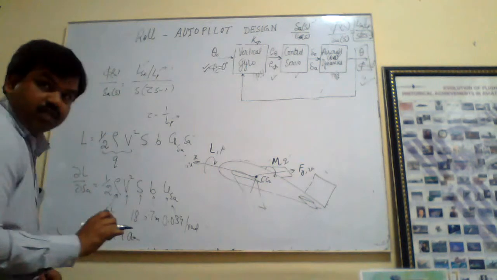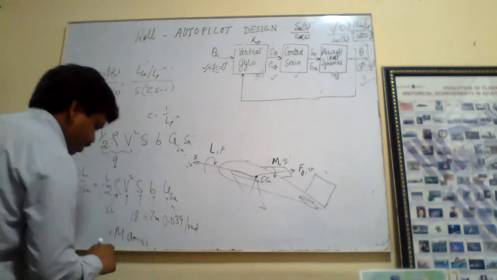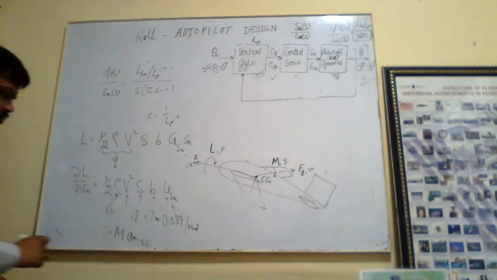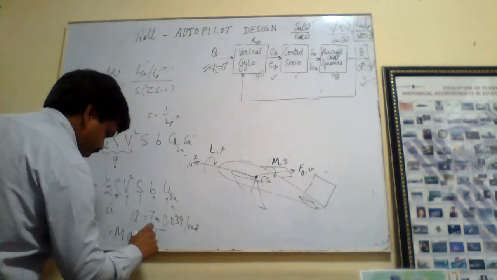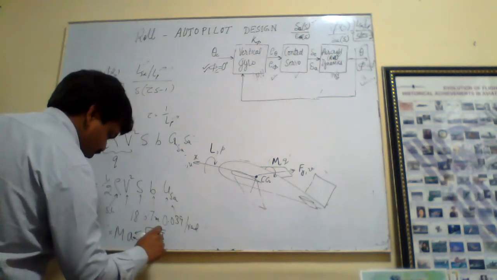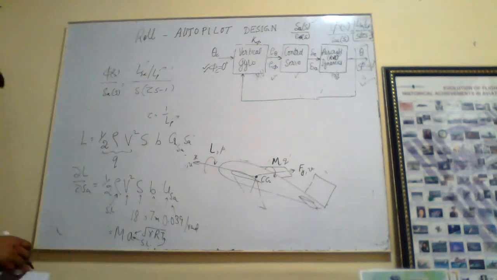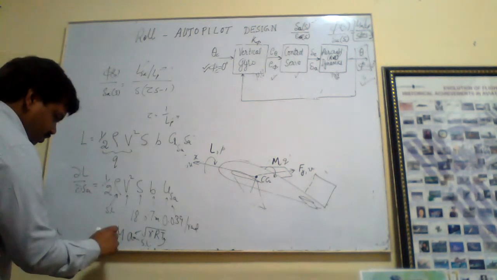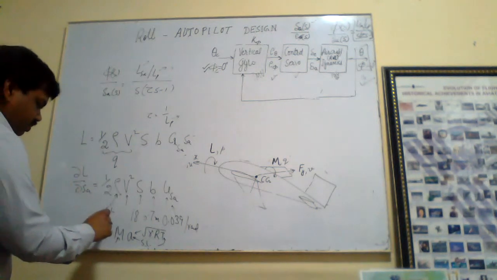If altitude is not given, you take the velocity of sound at sea level. This you can calculate from the relation square root of gamma R T. The temperature at sea level you can put in. Mach number is already given, so you can find the velocity.